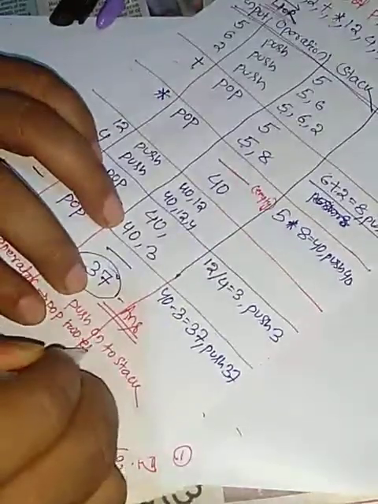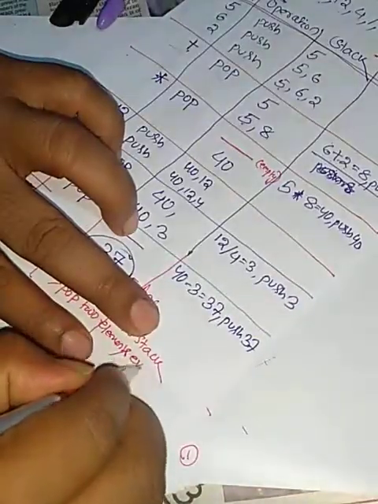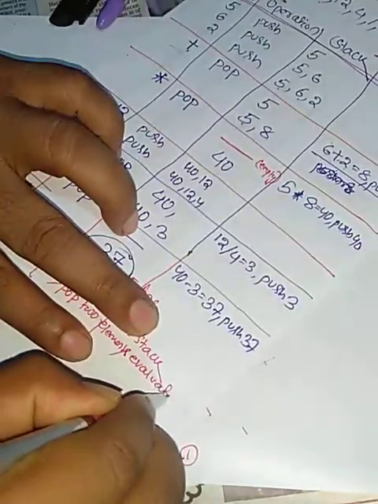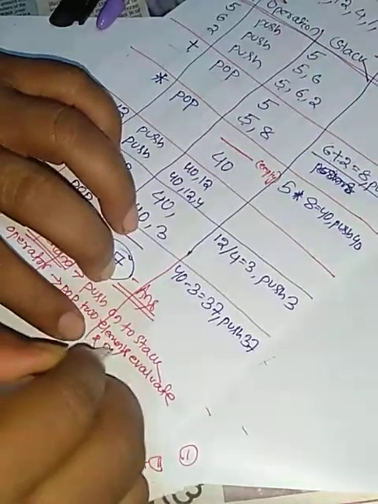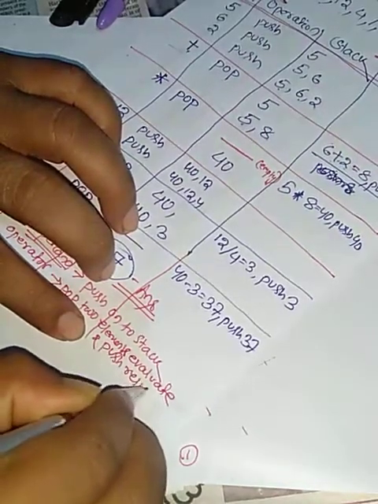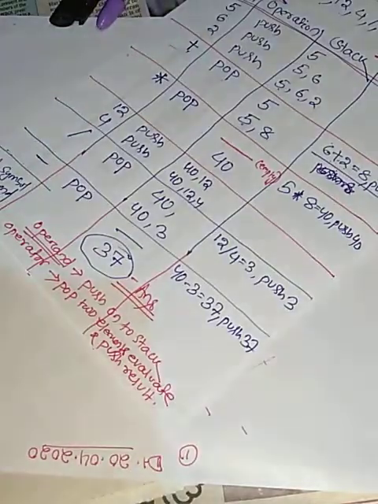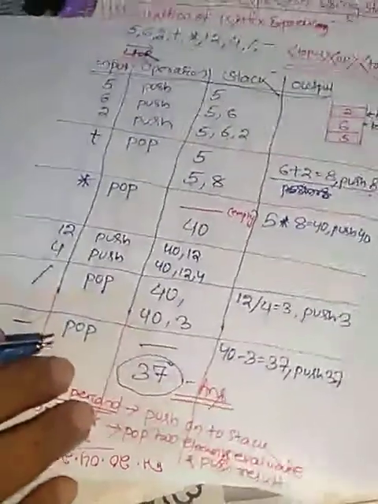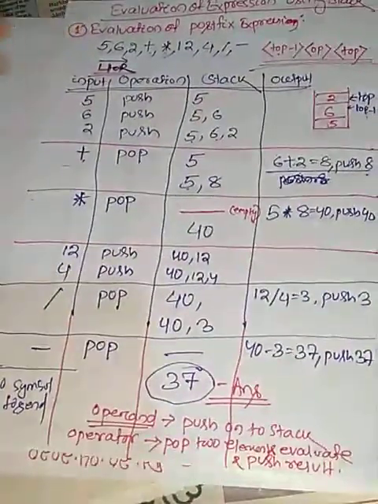Pop 2 elements, evaluate and push result. Okay. So now have a quick look here at what we have done.